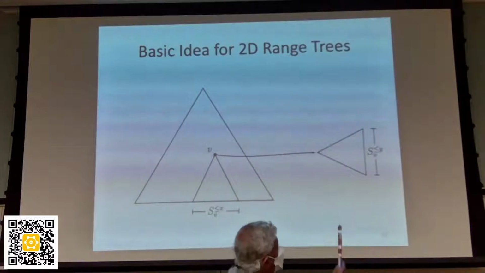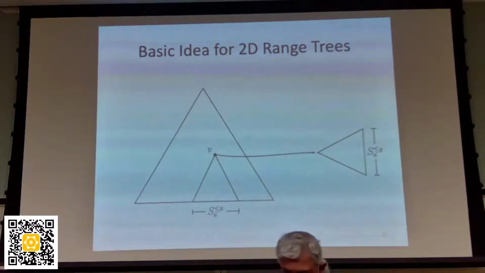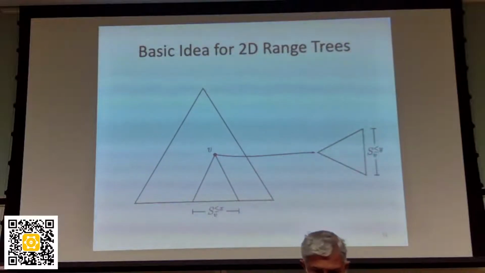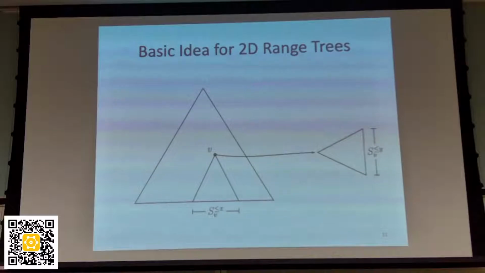And remember, all the points here are in the right x range. Now, some points are going to be in many, many such trees, but that's OK. All right, so this is going to be a large tree with lots and lots of information, but it's going to be so well organized that any range query you have will come out like that. Does that make sense?